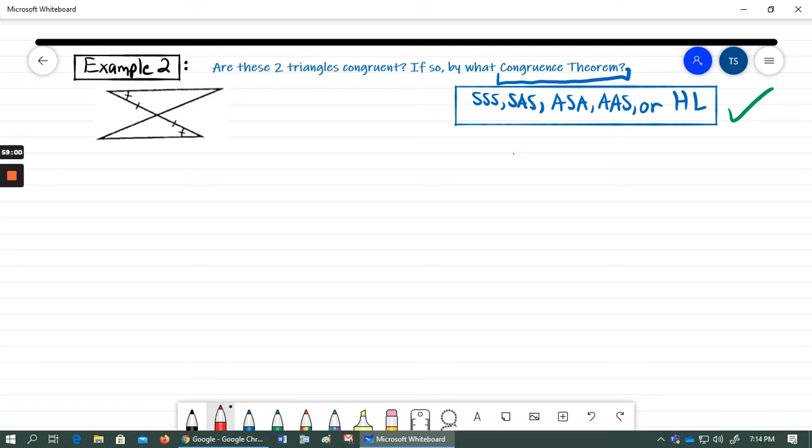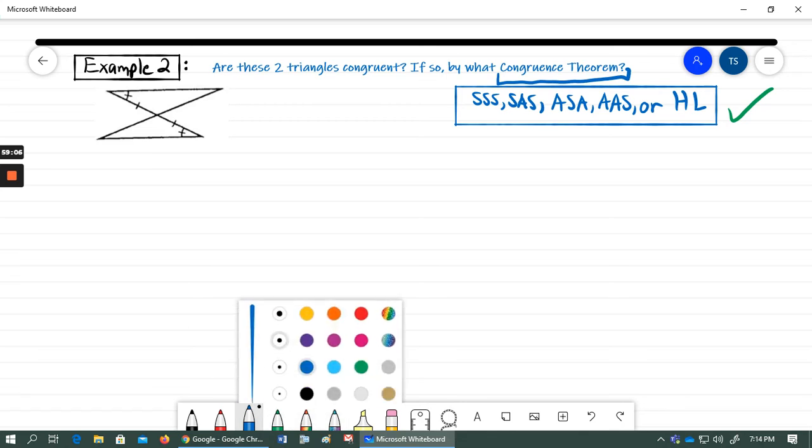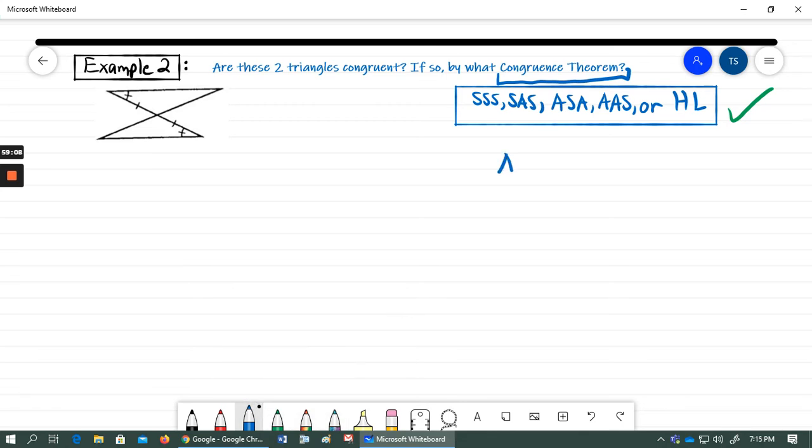Guys, for some of these you'll have some other types of things going on, like you may see all 3 angles. Wow, really? You may see all 3 angles from one triangle congruent to all 3 angles in another triangle.